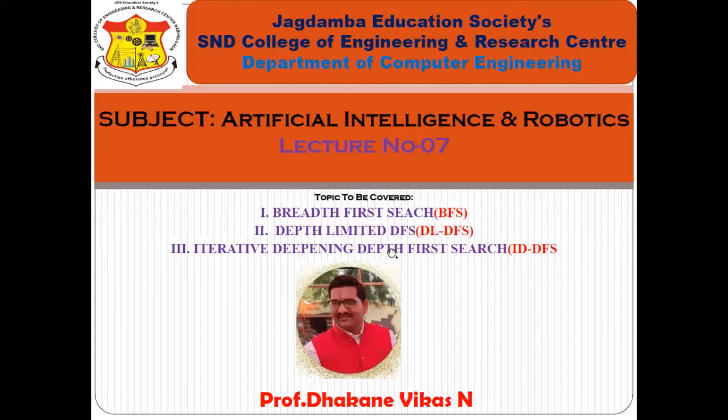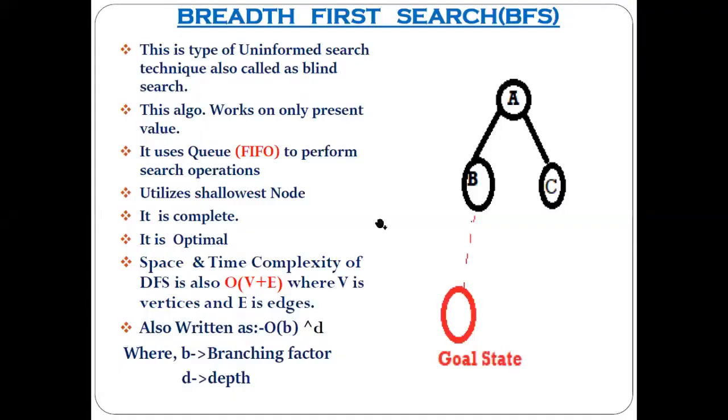Today we'll try to compare it with the next type of search, that is BFS, breadth first search. As we have already discussed regarding the DFS, this is the second kind of searching technique utilized under the state space search technique, which is one of the techniques used for the problem solving approach in artificial intelligence.